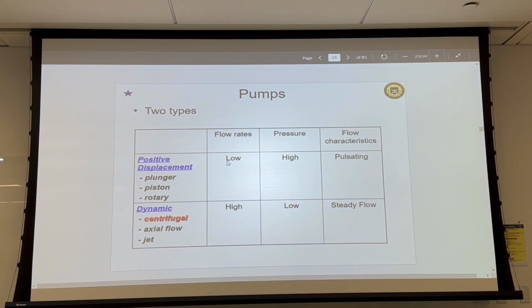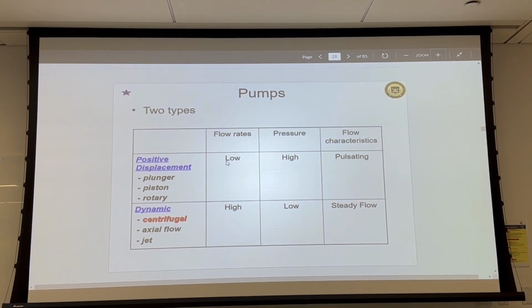We're talking about megapascals. So that's where positive displacement technology shines. They are low flow rate but high pressure. And also because of the nature of the design, they are pulsating. It's not a smooth flow. That means from time to time you see small fluctuations of pressure.